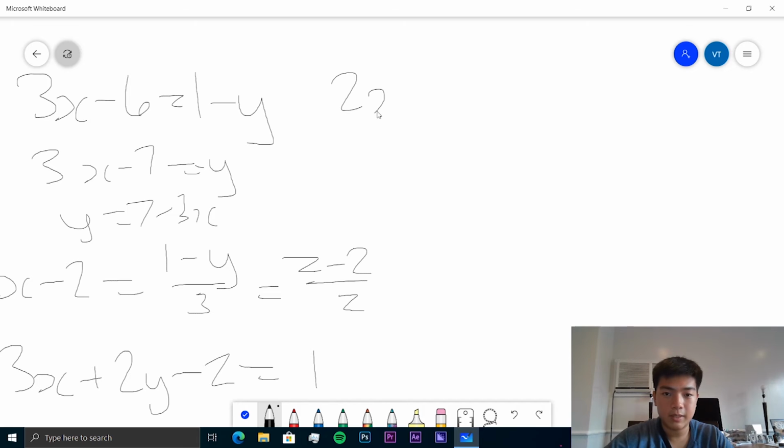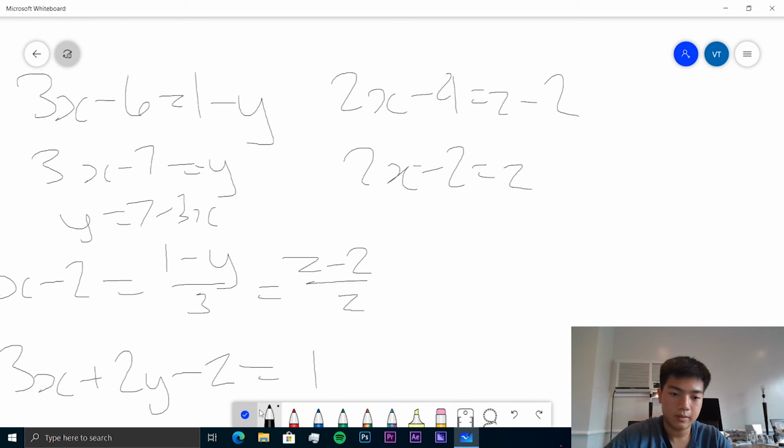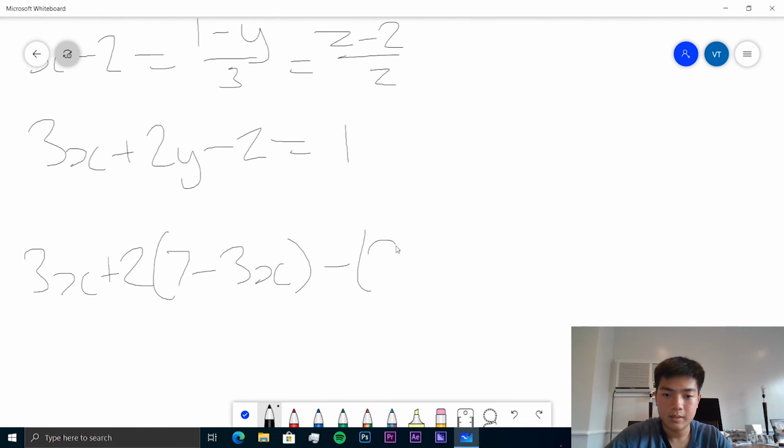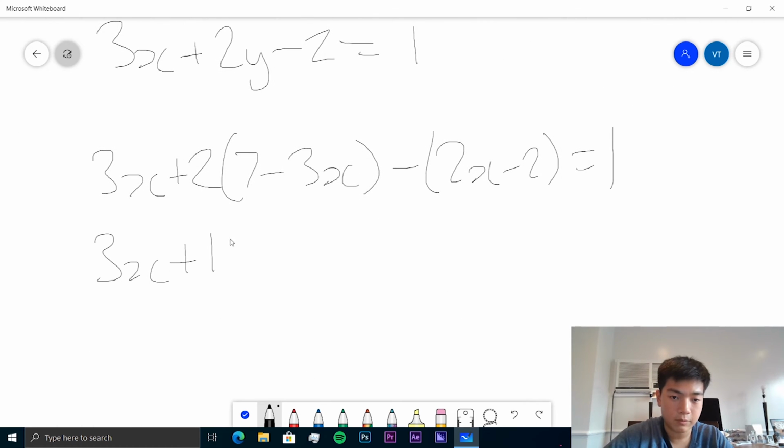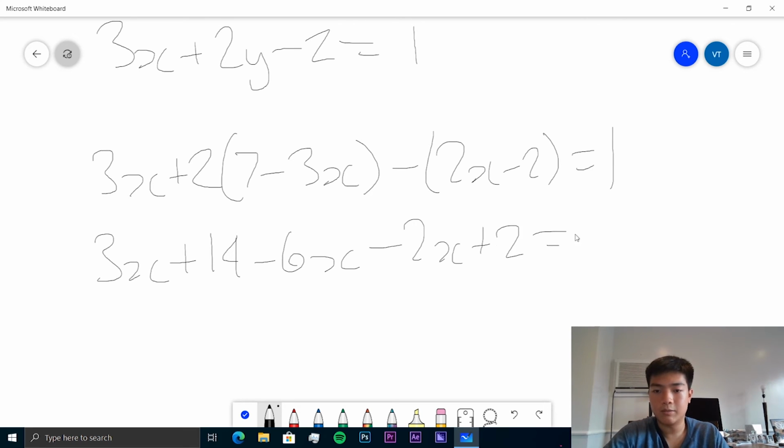Expressed in terms of x, 2x minus 4 is equal to z minus 2, so z is 2x minus 2. So now solve for x: 3x plus 14 minus 6x minus 2x plus 2 is equal to 1.